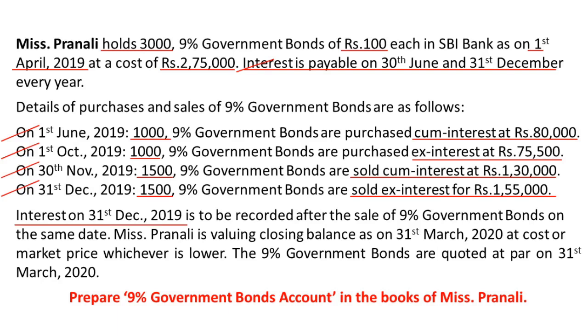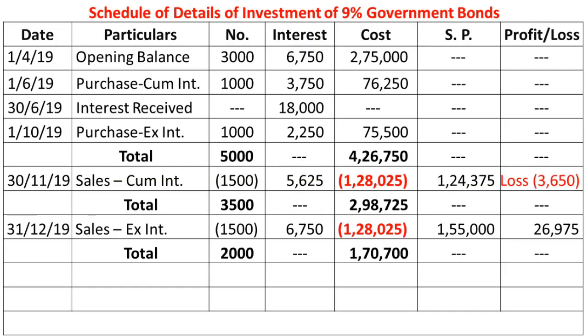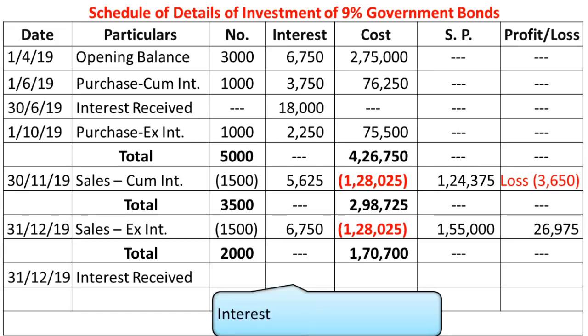Next transaction, they have told us to record the transaction of interest after the sales transaction. So we'll calculate the amount of interest on 31st December 2019. So interest received. Now we'll receive interest only on 2,000 government bonds. So 2000 multiplied by 100, 2 lakhs. 2 lakhs into 9%, 9 by 100, and this will be received for 6 months.